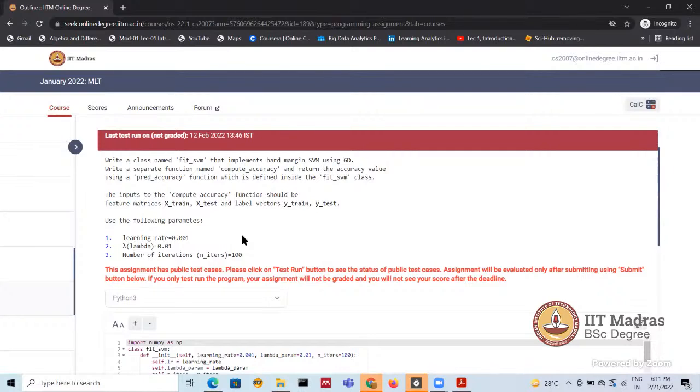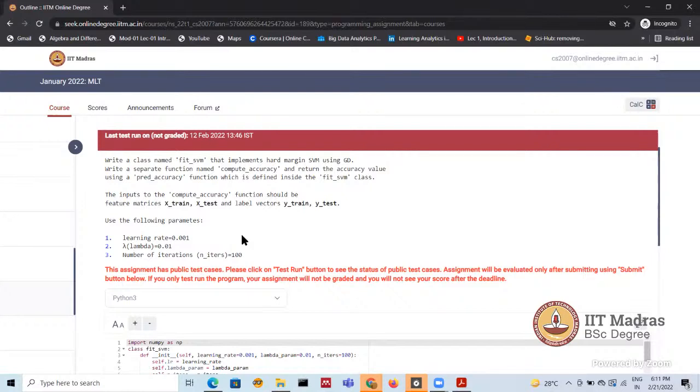The inputs to the compute accuracy function are xtrain and xtest, the feature matrices for training and testing, and the label vectors ytrain and ytest respectively. We are giving you the parameters for gradient descent: the learning rate is 0.001, the lambda value is 0.01 for the regularization part, and the number of iterations is 100.